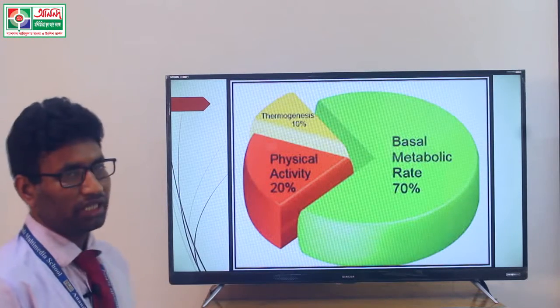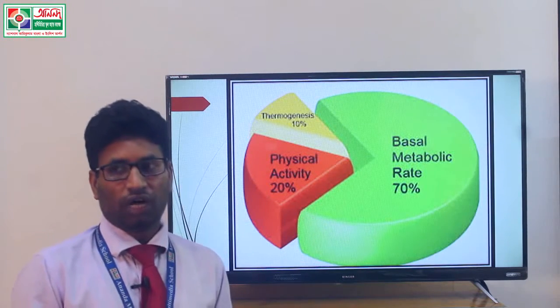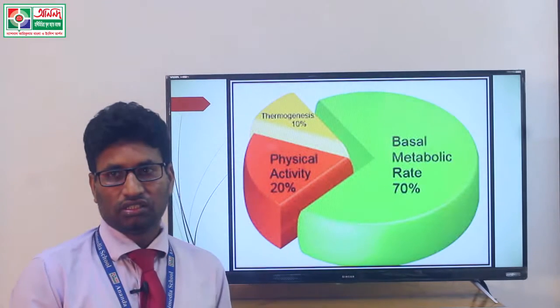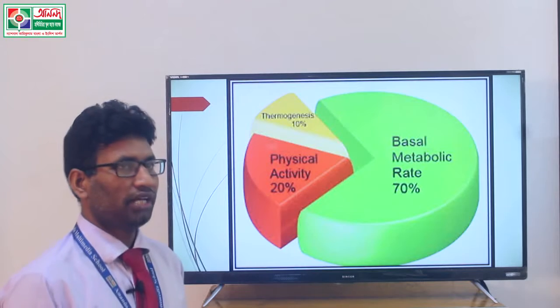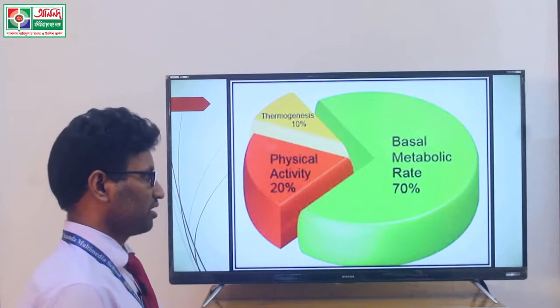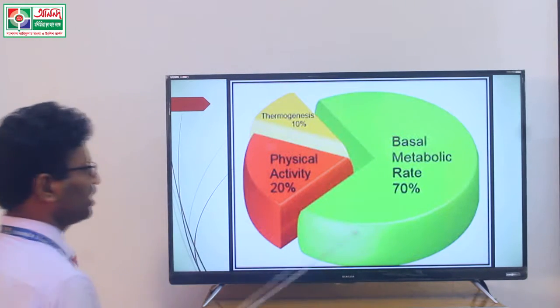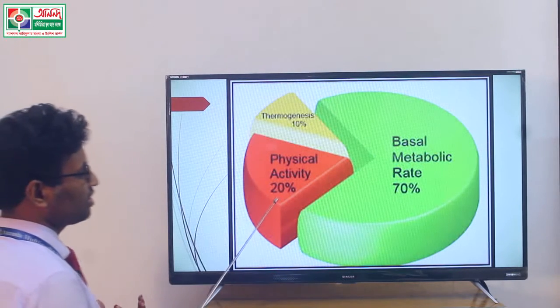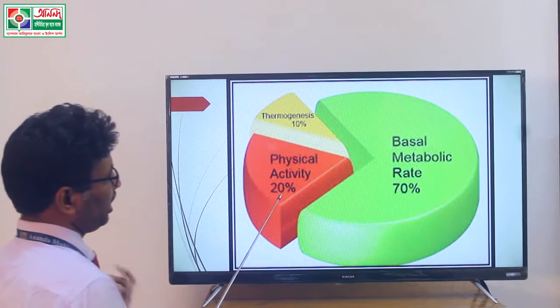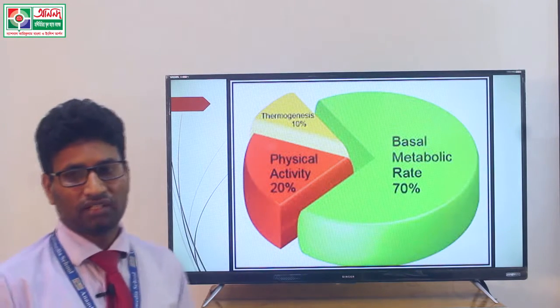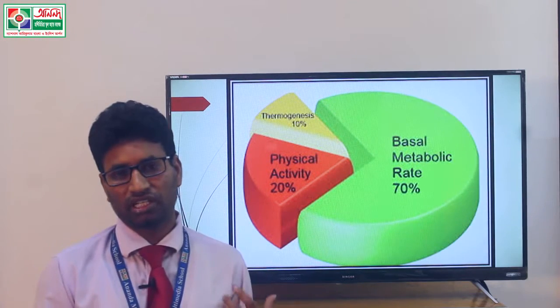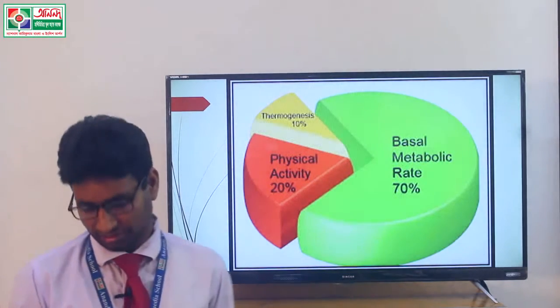On the other hand, our body's energy production is completely controlled by BMR. From physical activities we can get 20% of energy, and from the other condition we can get 10% energy. This information is shown in the pie chart on the screen.